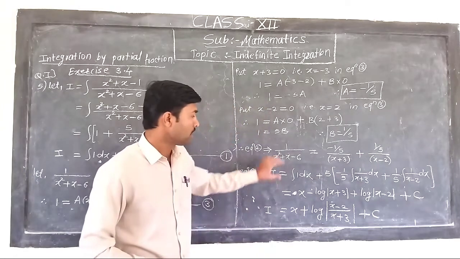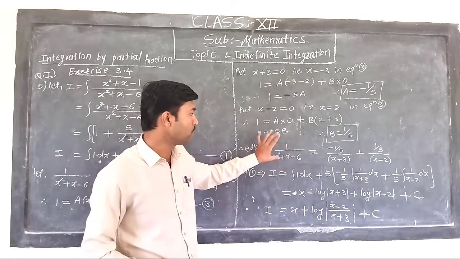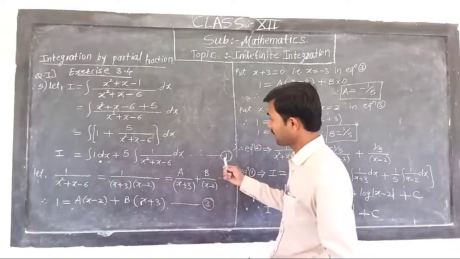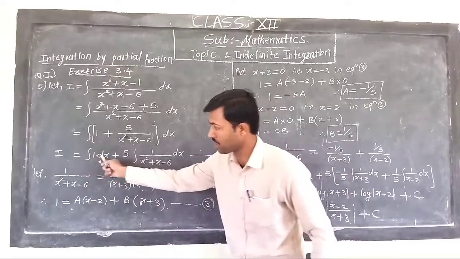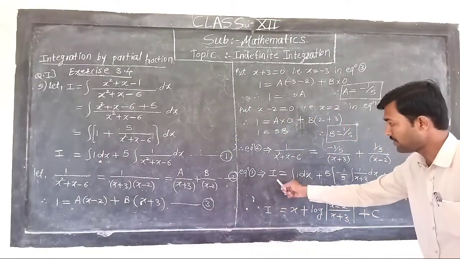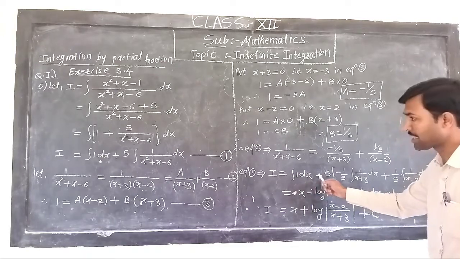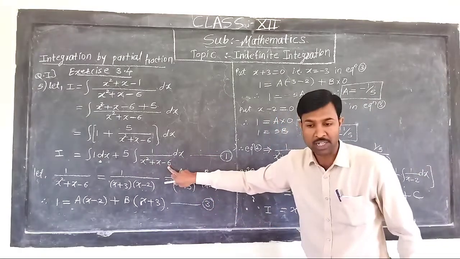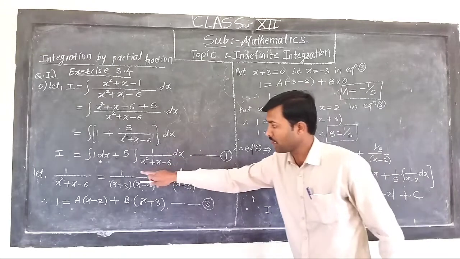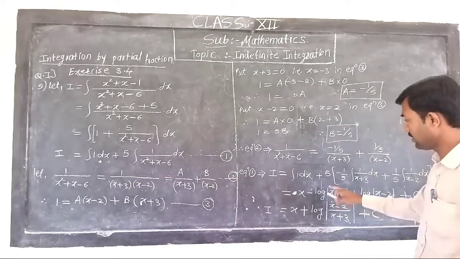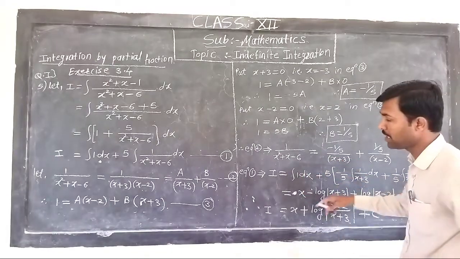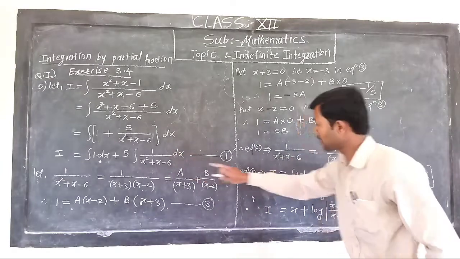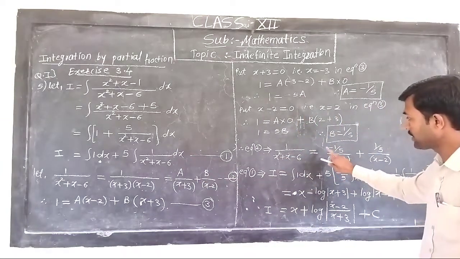Now friends, after putting this rational function's value in equation 1, our equation 1 becomes I equals the integration of 1 dx plus 5 into the integration of this proper rational function, and the integration remains the same, but for the term 1/(x² + x − 6), the partial fraction value is this.